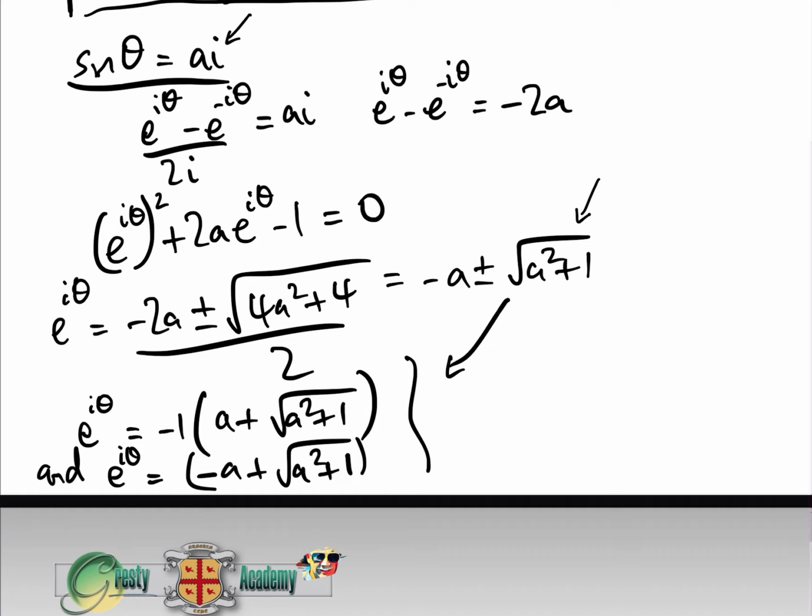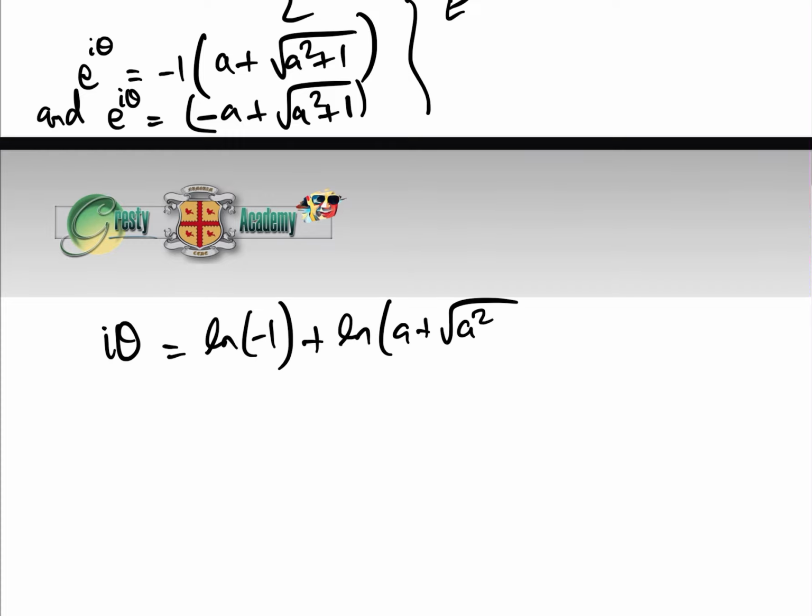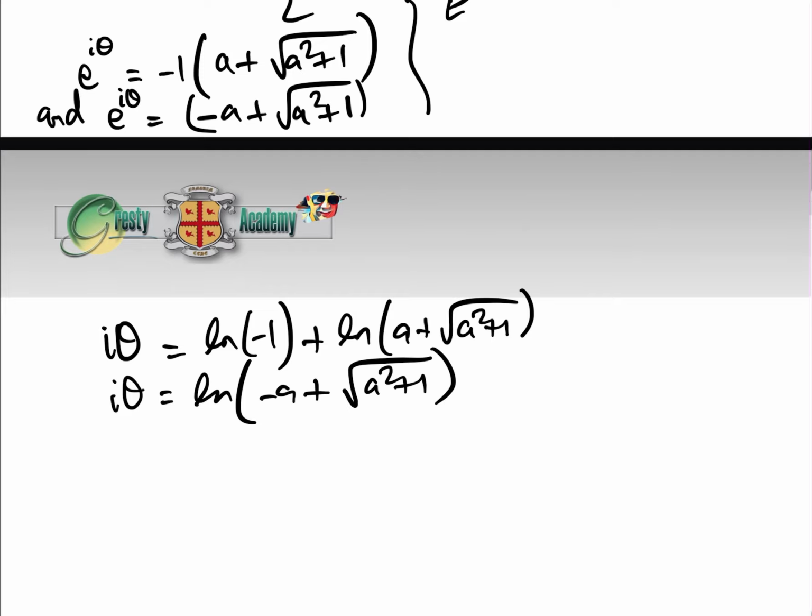So they are the two splitting of that, and therefore this gives us that iθ is equal to log of minus 1 add log of a add root a squared add 1. That's the first one. And iθ equals log of minus a add root a squared add 1.